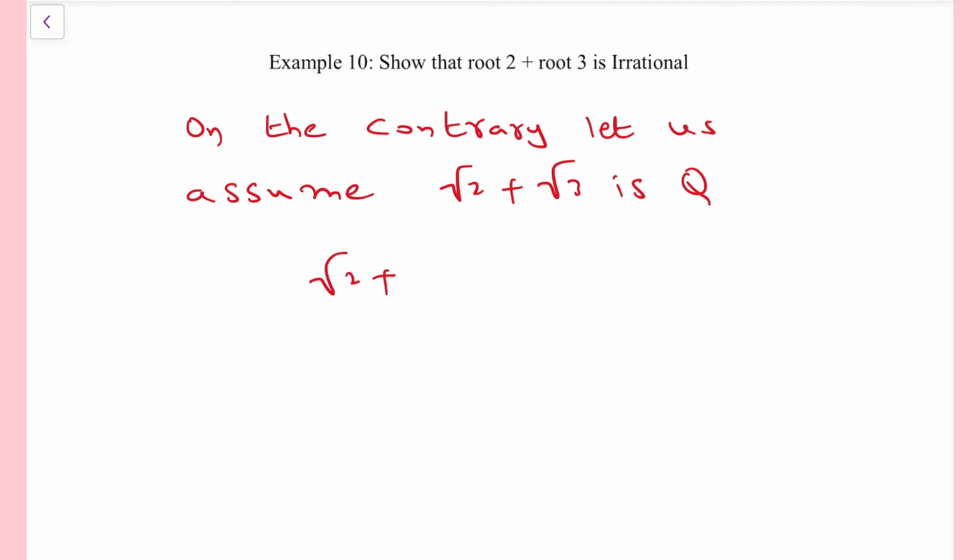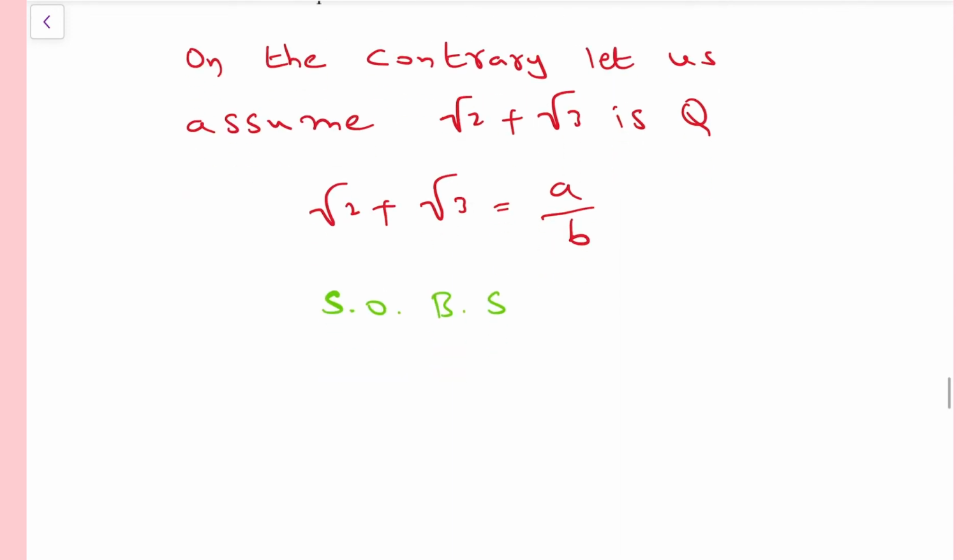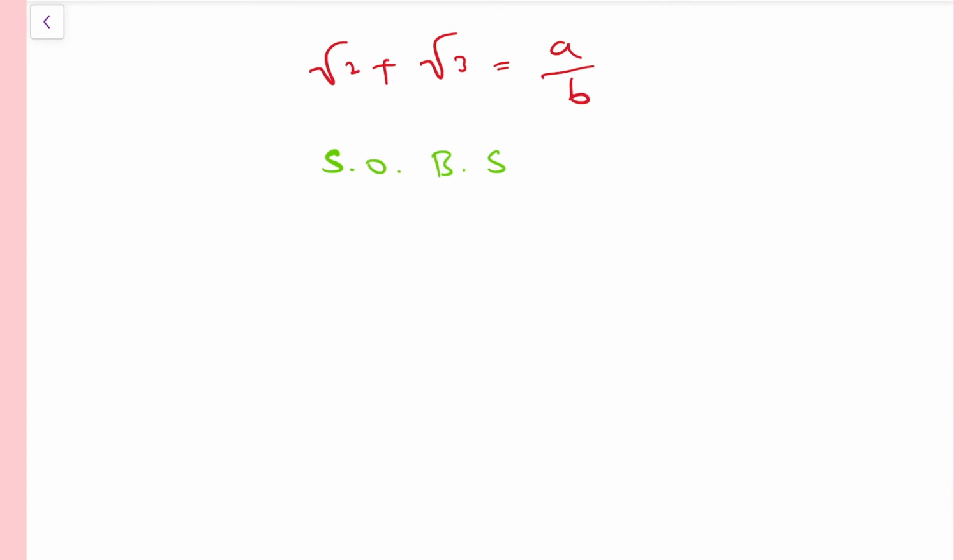So root 2 plus root 3 equals a by b. Here, both the numbers have a square root, so it is not possible to solve just normally. That is the reason we need to square both sides. Squaring on both the sides, what will we get then?